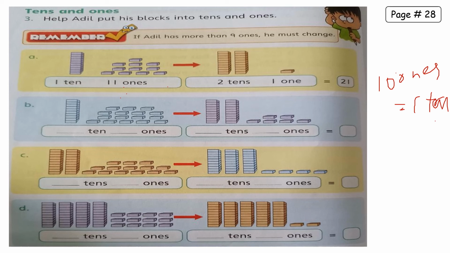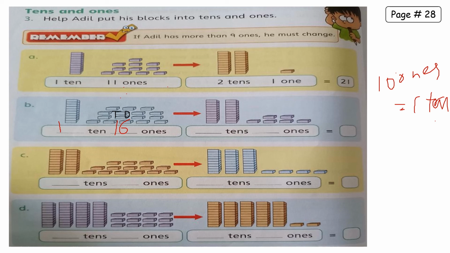Okay, how many tens are here? It's only one block of 1 ten. So we'll write 1 here. And how many ones are here? Let's count them. 16. So 16 ones. Now again we have 16 ones. It means that we have 6 ones and 1 ten, because there is 1 ten and 6 ones in 16.